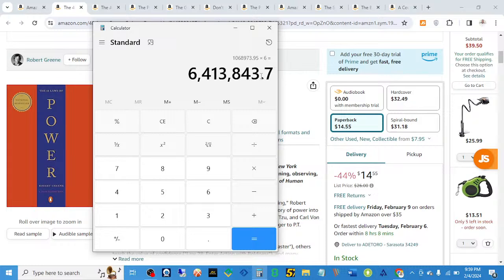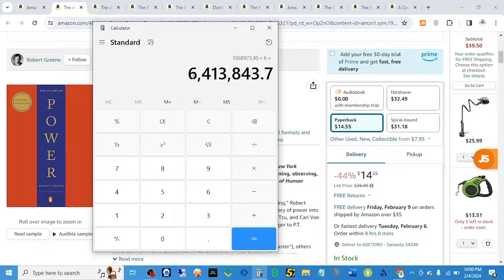This same seller can have as many books as possible. He might have hundreds of books, 200 books, 300 books. This is just a calculation on a single book of this author.